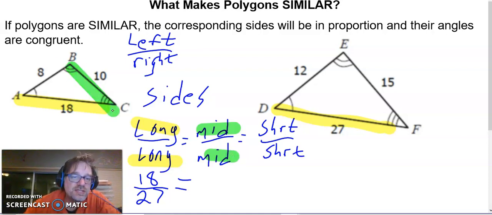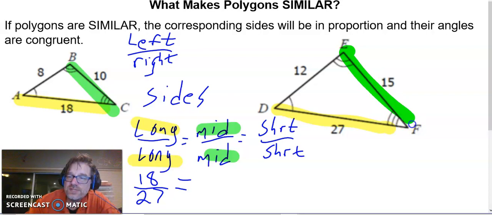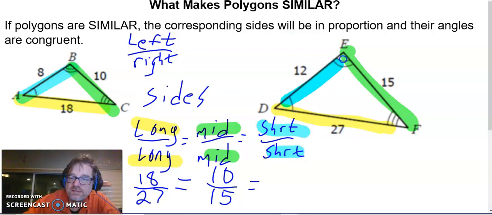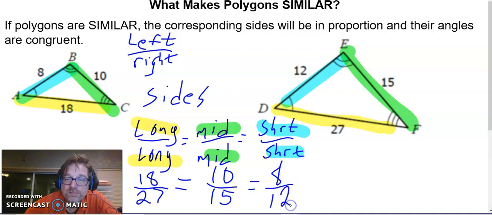So 10 is the middle number, and 15 is the middle number. So left over right. And then we're going to do short and short. And all three of these fractions need to be the same value. If they're not the same value, they're not similar. It's okay that they're not the same. We would just say that they are not similar.